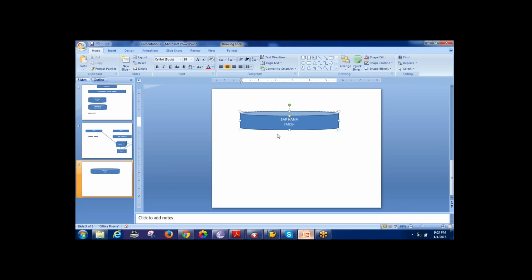When SAP wanted to create the SAP HANA database, they did not want to reinvent it completely, so they used the underlying technology of SAP BWA. BWA is a system for in-memory computing.